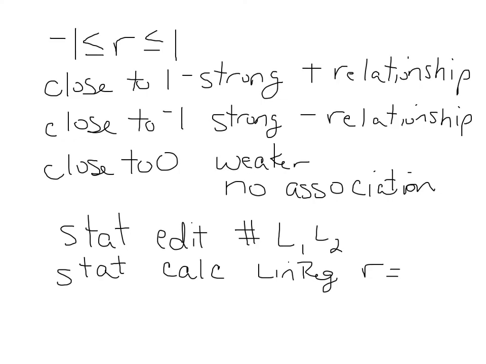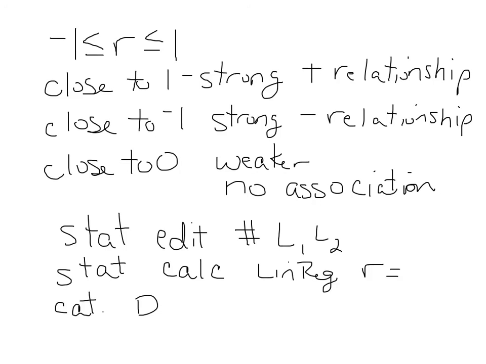To turn it on, you will be hitting Catalog. Catalog is in blue above the 0 button. You will then hit D, which is in green above the x to the -1 button. But the calculator already has the alpha chosen, so you just hit that button.